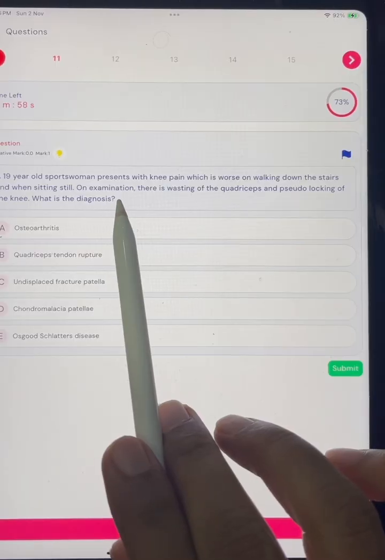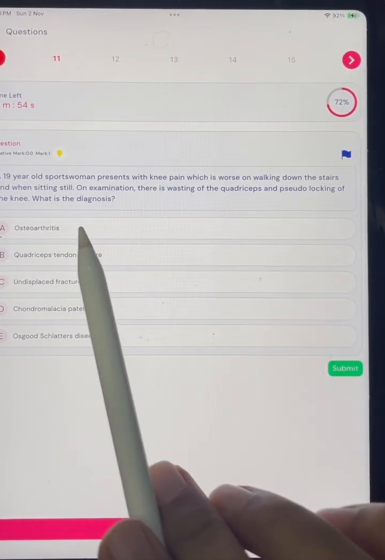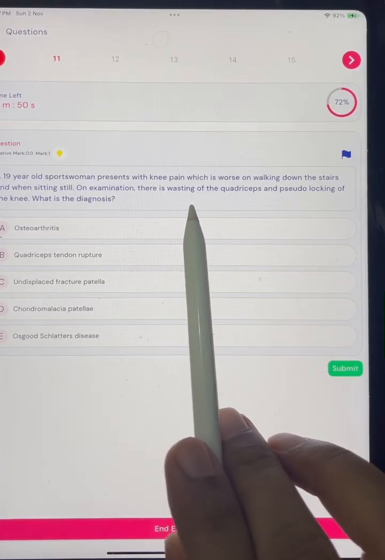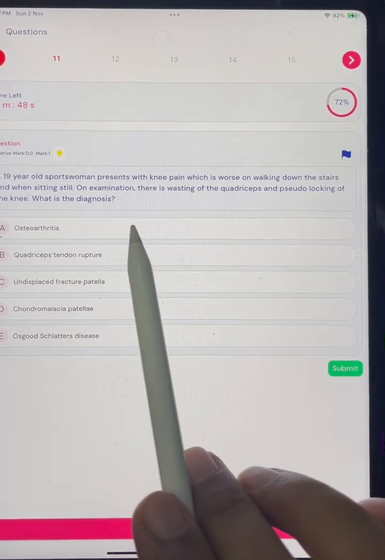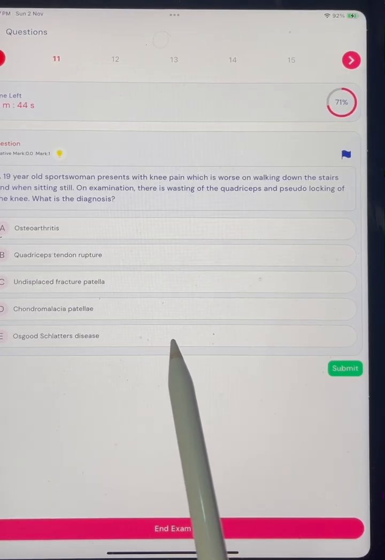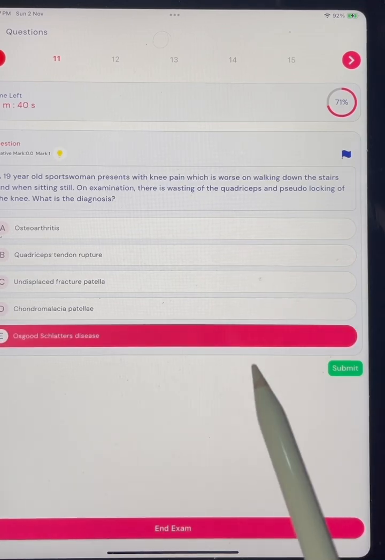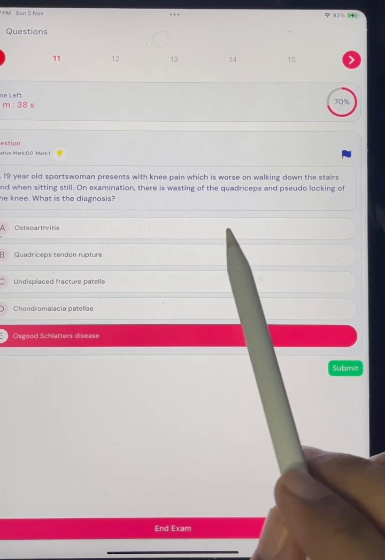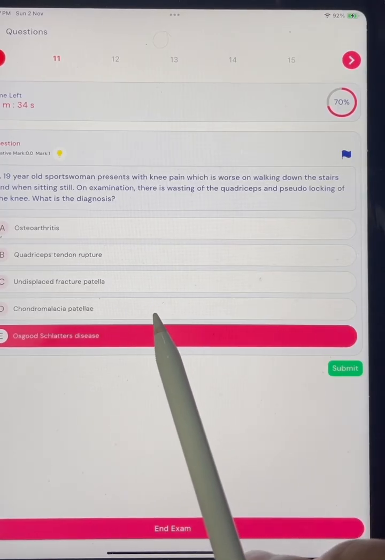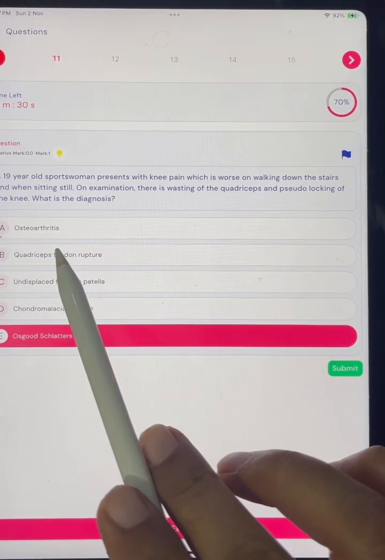A 19-year-old sportswoman presents with knee pain, which is worse on walking down the stairs and sitting still. On examination, there is wasting of the quadriceps and pseudo-locking of the knee. Sportswoman commonly is Osgood. Let us see. Knee pain which is worse on walking down the stairs and sitting still.